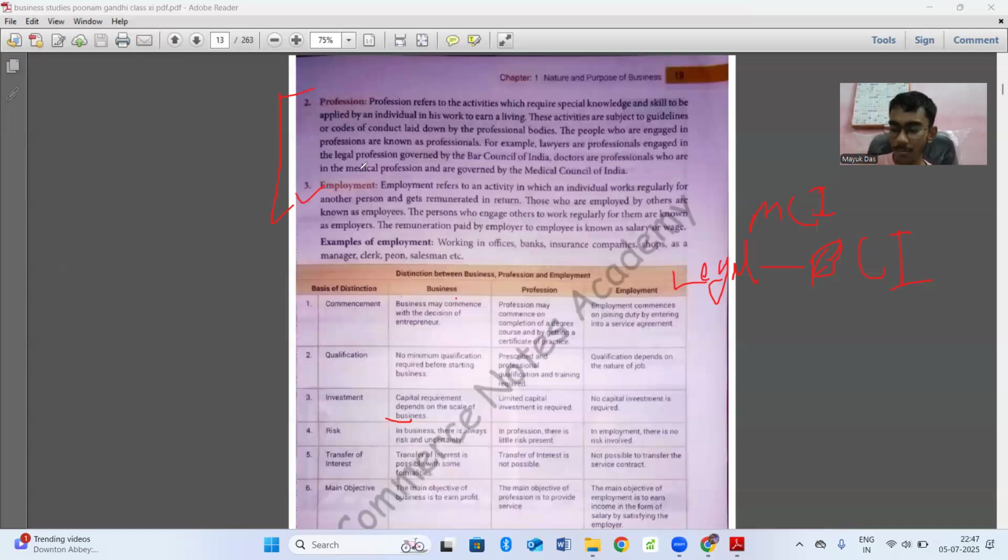You may go early, but for that you have to take permission from your senior or from your HR. A proper formality has to be maintained. But in profession, there is no formality. Both have their merits and demerits, which I'll be discussing further. So this is the thing regarding profession and employment.